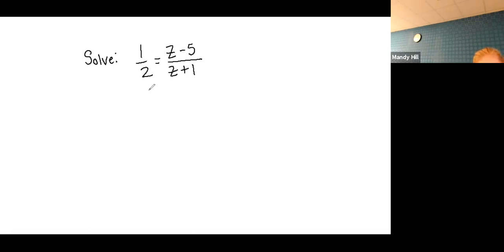When I see an issue like this, we can use something called cross multiplication. And in cross multiplication, it is exactly like it sounds. You take the numbers that are across from each other, the 1 and the z plus 1, and you multiply those. So 1 times z plus 1. Then you put an equal sign.